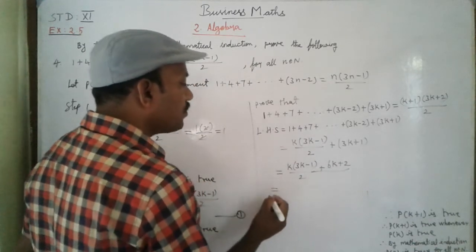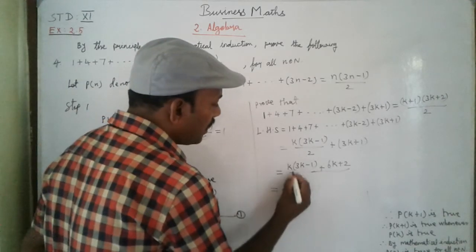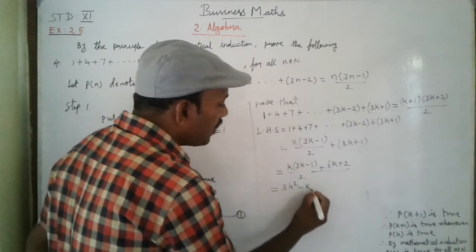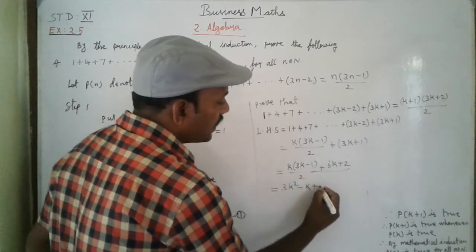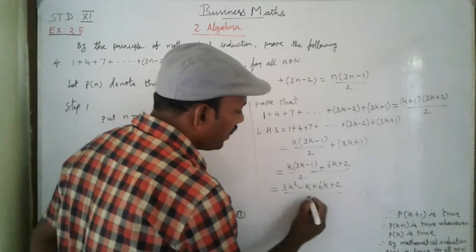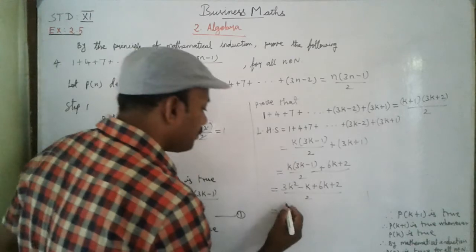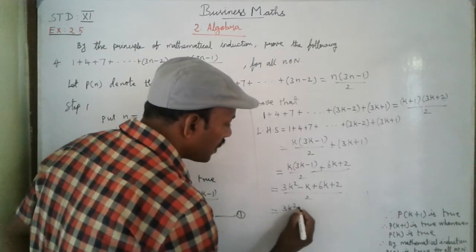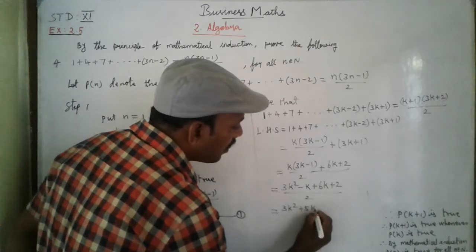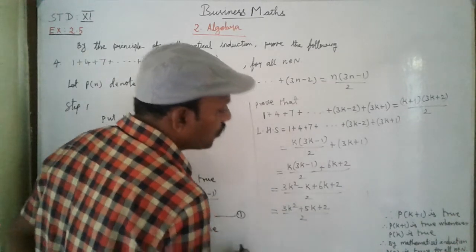So that is equal to, we should multiply here, 3k square, k into 1 is minus k, plus 6k plus 2, whole divided by 2. That is equal to 3k square minus k plus 6k is plus 5k plus 2 divided by 2.